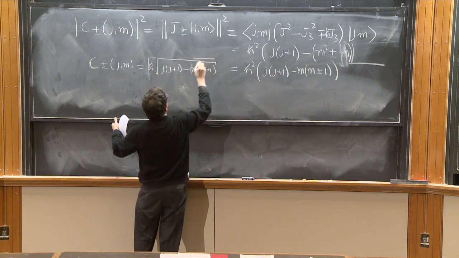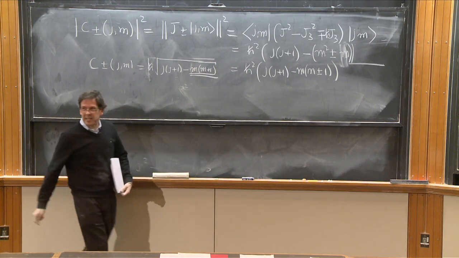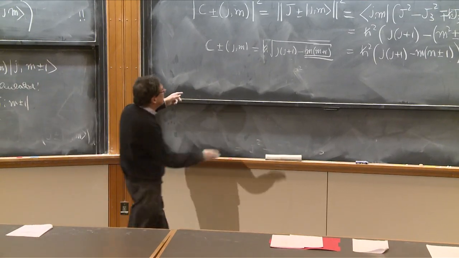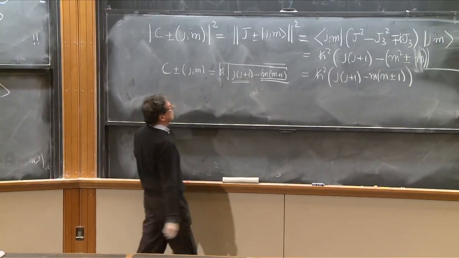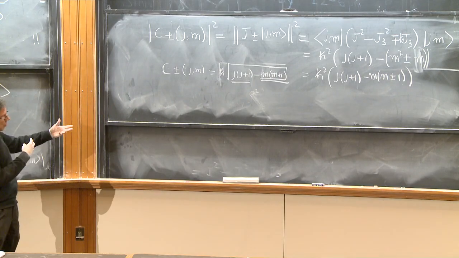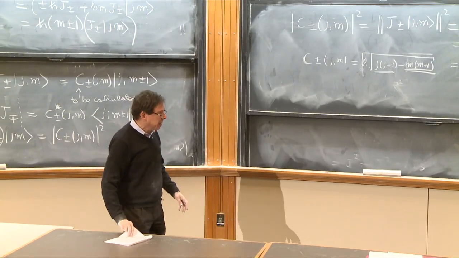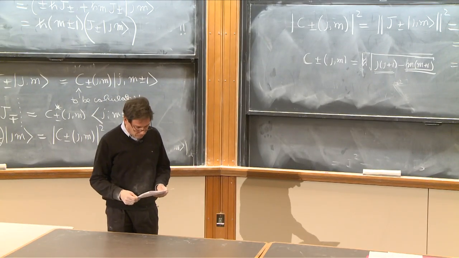And it's because of this m times m plus 1 that it was convenient to have j times j plus 1, so that we can compare j's and m's better. Otherwise, it would have been pretty disastrous.